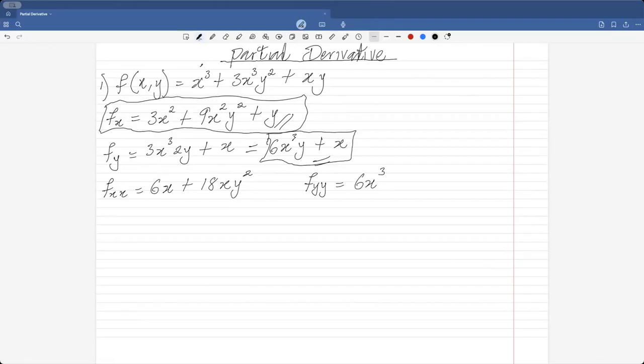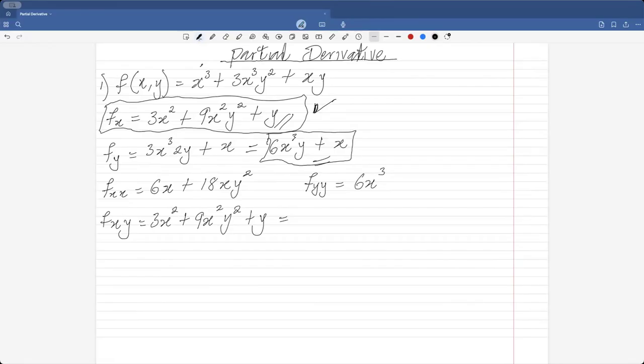If we are told to find f sub xy, it means this first derivative here, we need to differentiate it also with respect to y. So if we rewrite it here, 3x squared plus 9x squared y squared plus y.